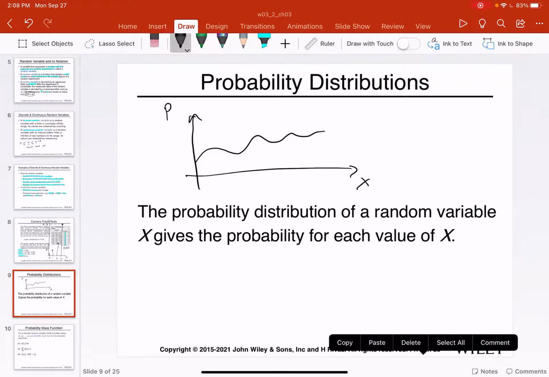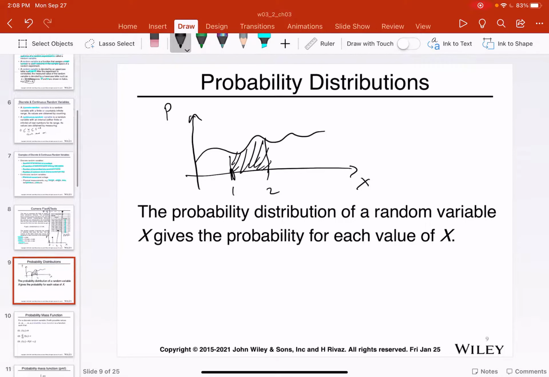Say I want x to be between 1 milliamp and 2 milliamp. All I do is look at this region. We will be doing a lot of these in this course.